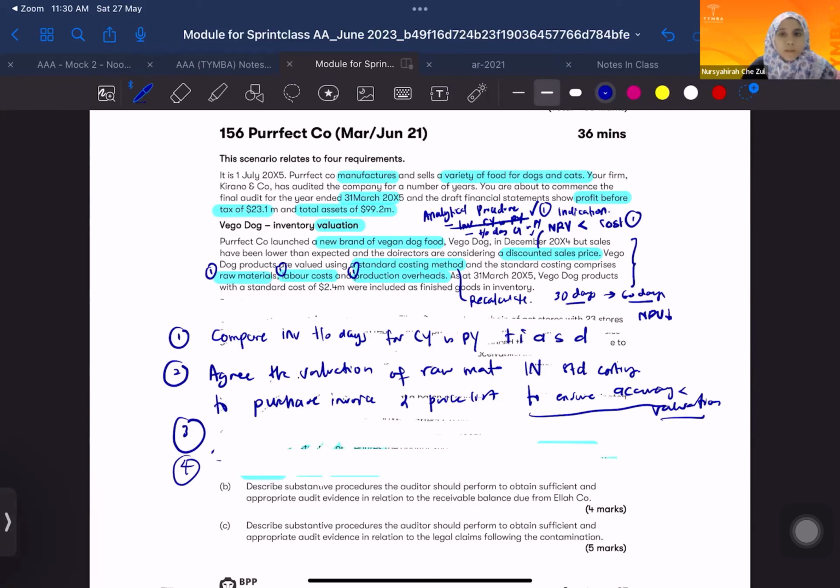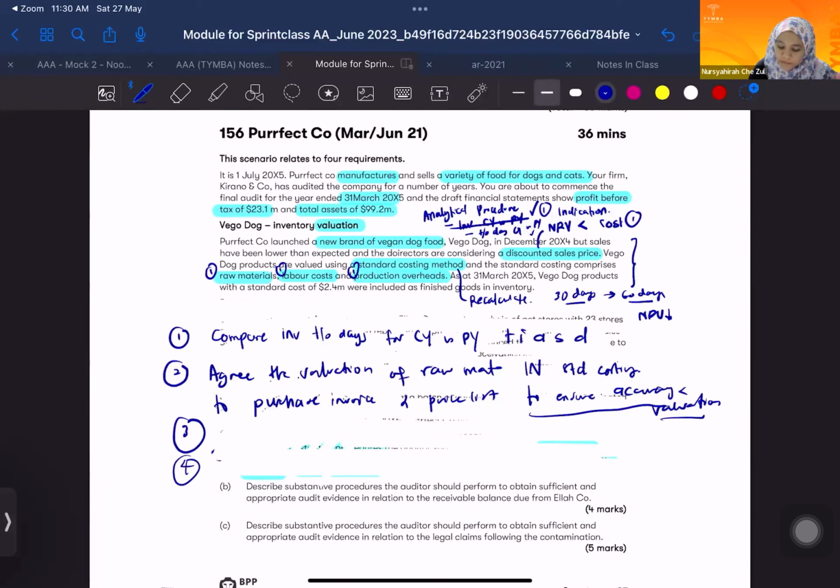Hasnul, can you copy that sentence and amend the ending: directly attributable to the production. That's number four.